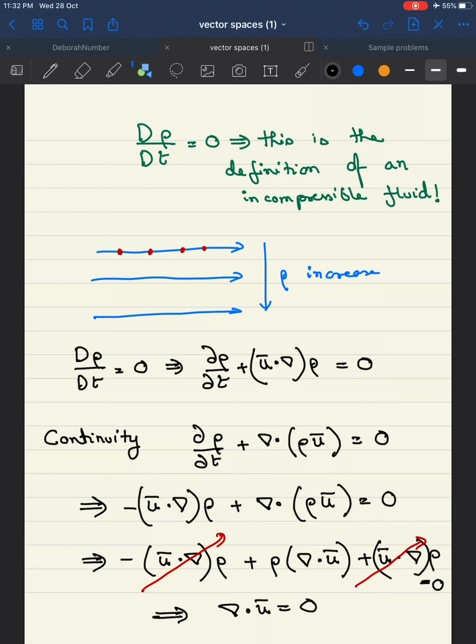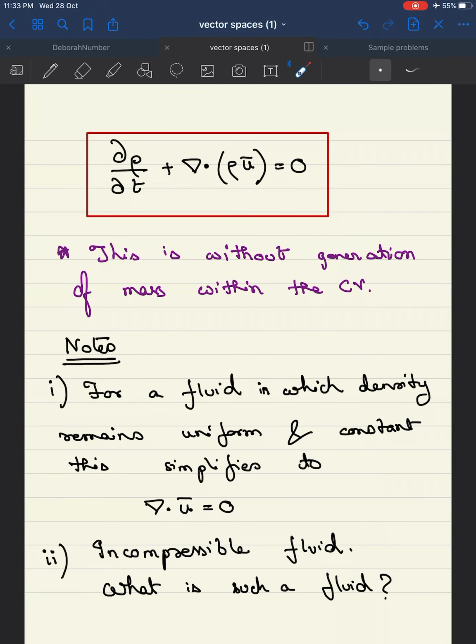Interestingly, we started off by claiming that this is the definition of an incompressible flow, but when you apply that to the continuity equation, you end up getting this as the continuity equation for an incompressible flow, which is the same as the continuity equation in case of a flow where density remains uniform and constant.